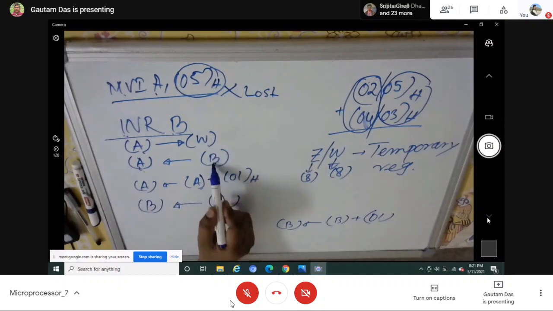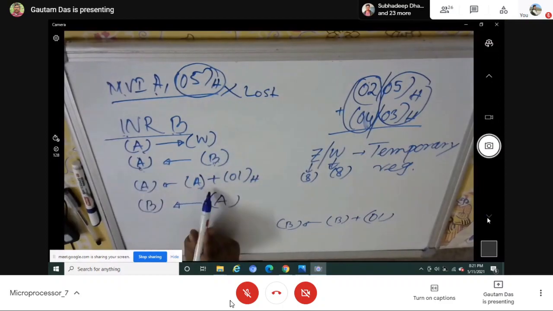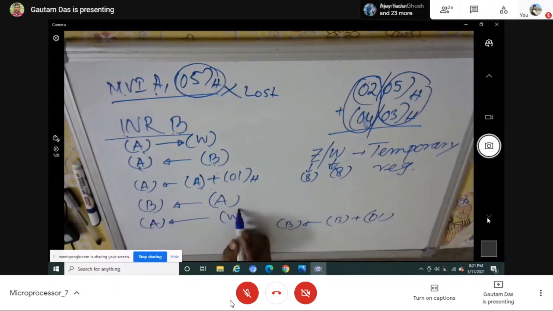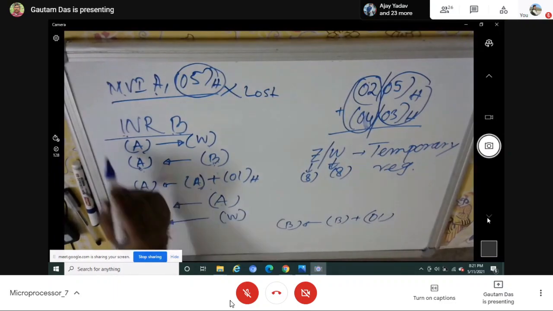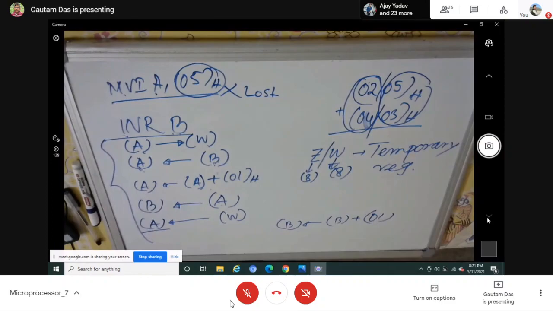Then it shifts the content of B to A, performs the arithmetic operation, and moves the result to B. After that, it moves the temporary register content from W again to A. This completes the INR B. Now you can see, if the processor follows this process, your old information at A is not lost. It is safely stored in a temporary register by the processor.